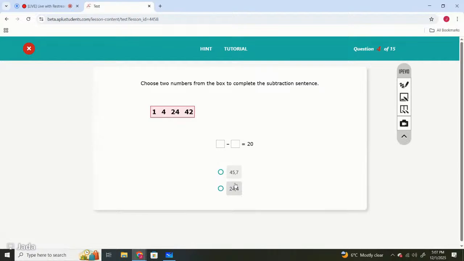Choose two numbers from the box to complete the subtraction sentence. Which two numbers have a difference of 20? Option 1 or 2, which is the correct option?